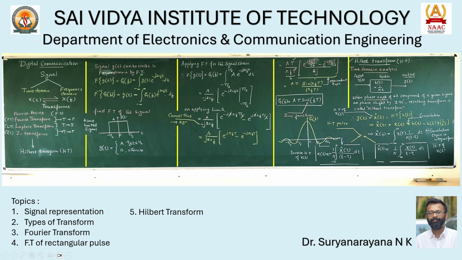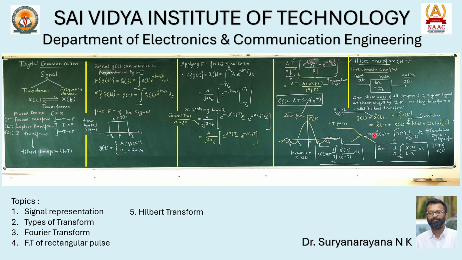From the basics of mathematics, here a convolution operation is happening. Therefore, I can write the equation y of t is equal to the Hilbert transform, that is x cap of t, as shown. So the Hilbert transform of x of t is given by x of t convolved with h of t. So what is h of t? h of t is 1 by pi t. Substitute here.